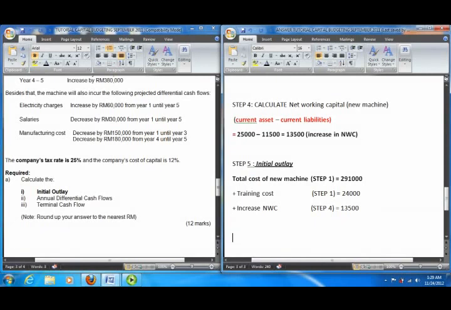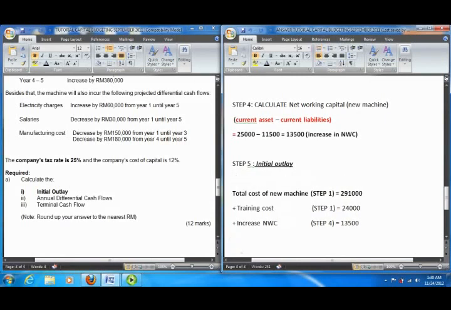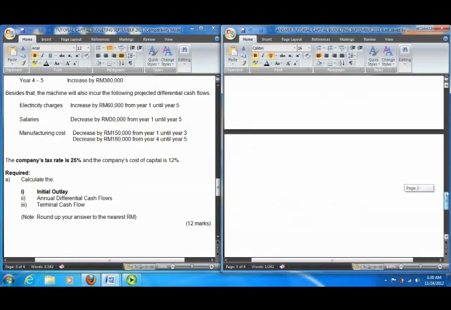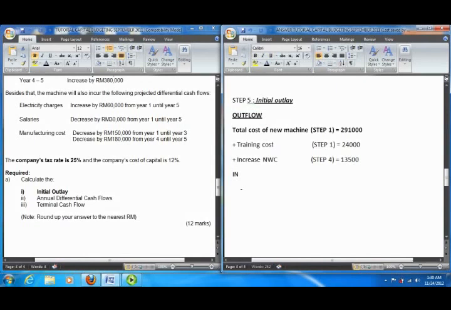No, you need to calculate your net outlay, your net outflow. Just now, your total cost is the total cost of your new machine, training cost, and increased net working capital. Don't forget to minus all your inflow. This we consider as outflow, and minus all your inflow.